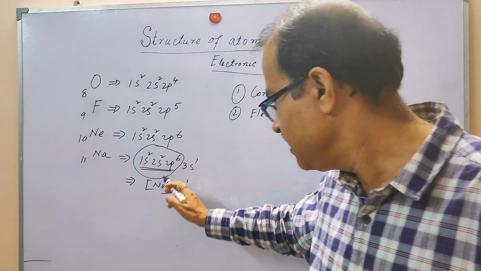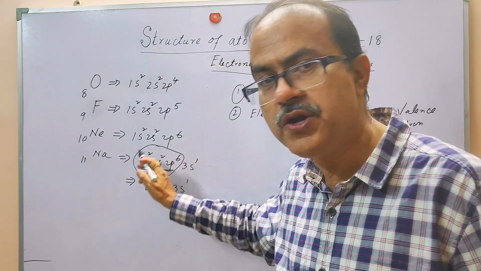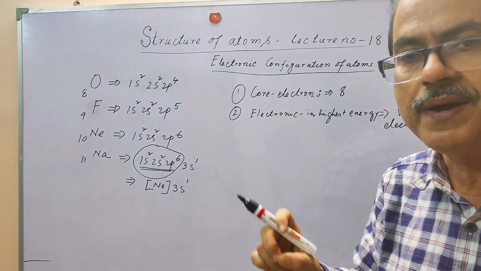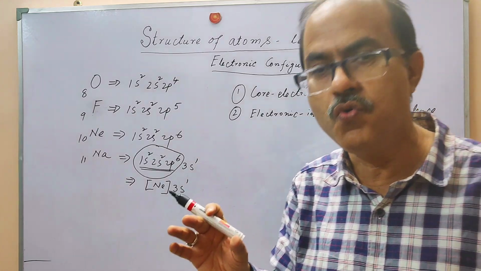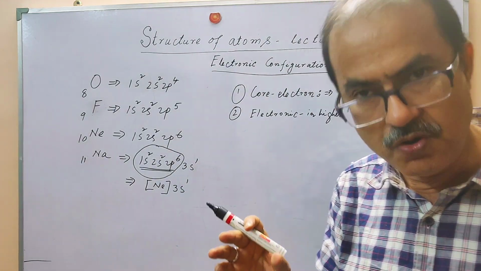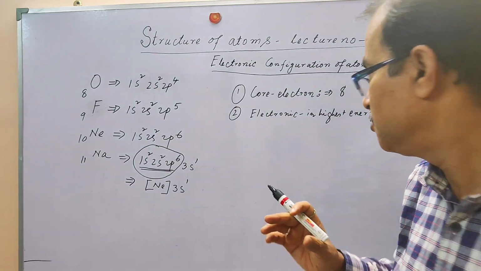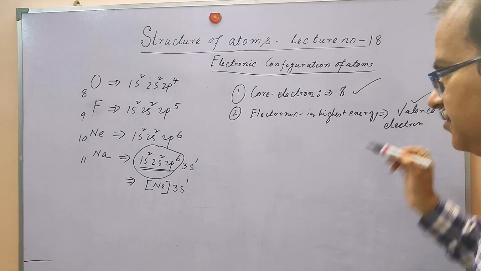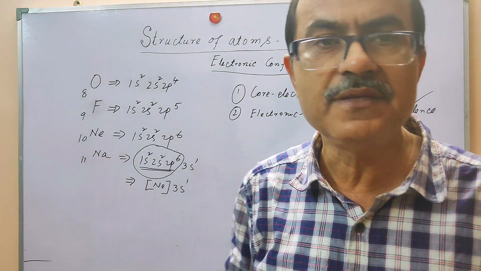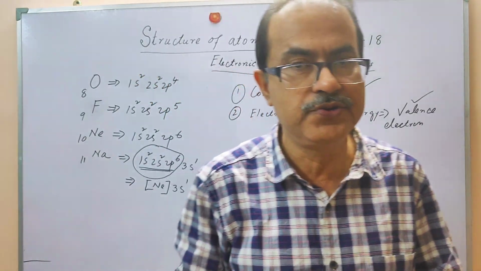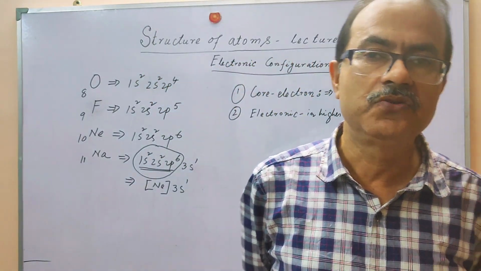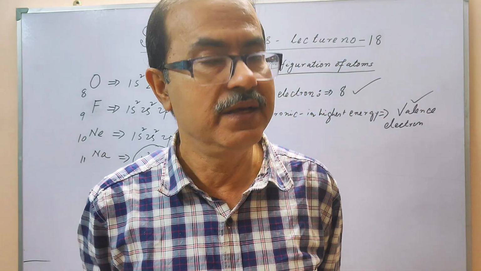In sodium, the number of core electrons is 8, because all the orbitals available at the core of the atom have been filled by electrons. So this is the core electrons and this is the valence electron. And the valence electron is the most important part of an atom because it is going to take part in the chemical reactions.